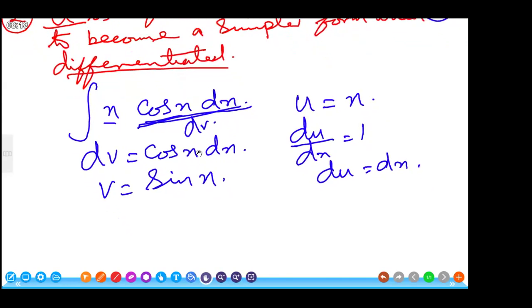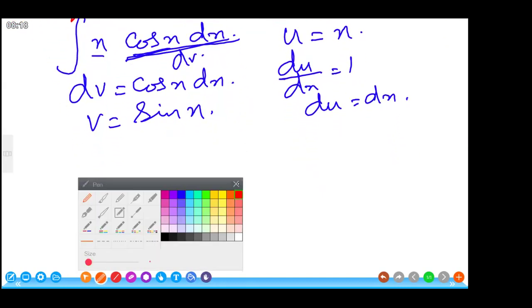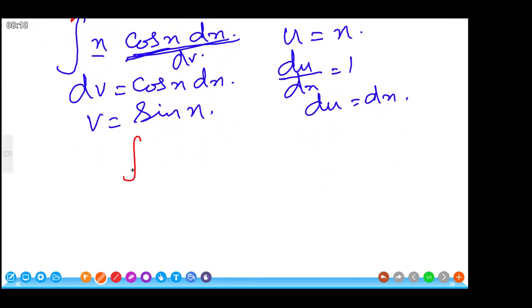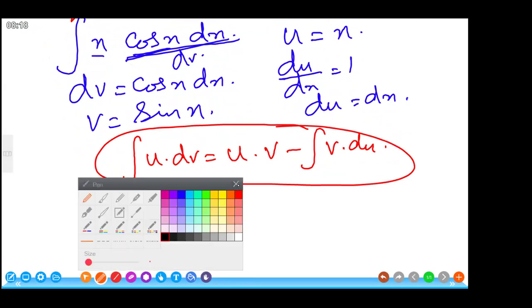Now we fill the blank. Integration of u into dv, I'm rewriting it as u into v minus integration of v into du. So this is my rule. I have all the components now. Fill the blanks.